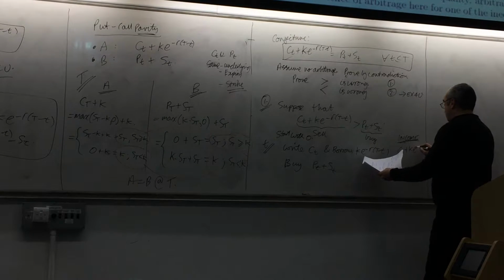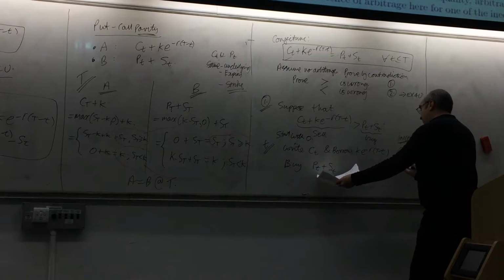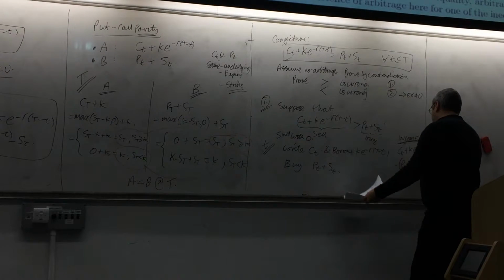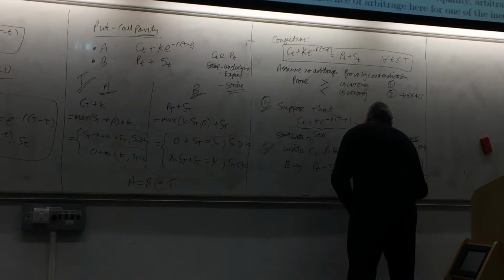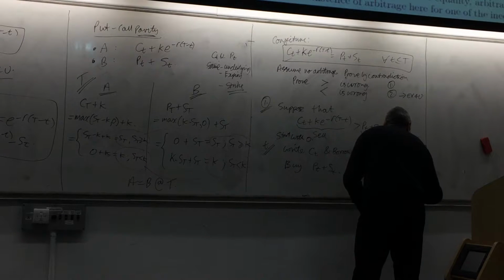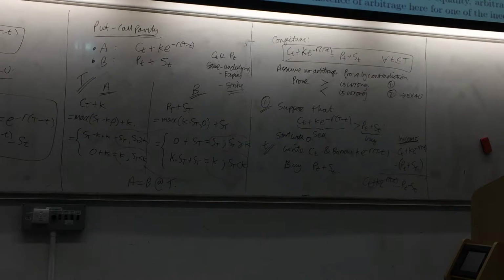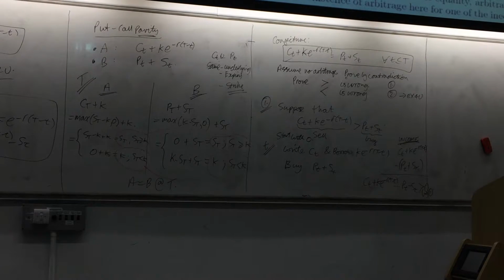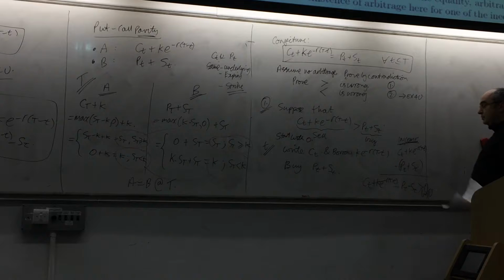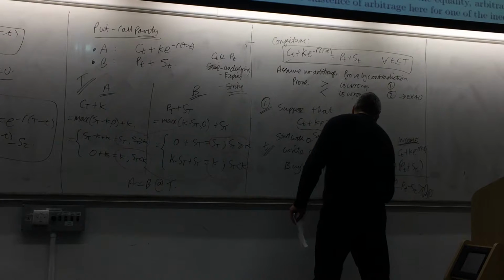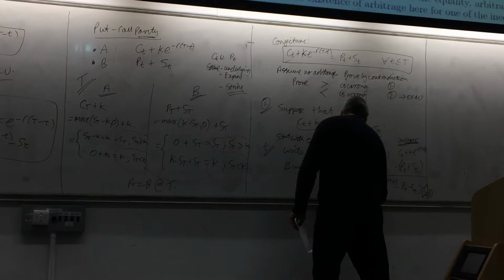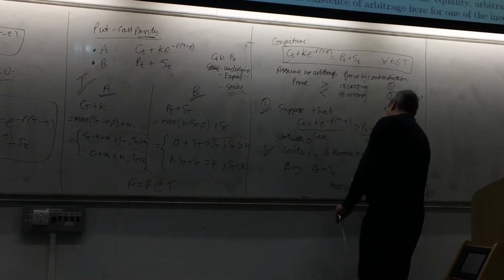I'm going to borrow this money, and I'm going to pay out Pt and St. So overall, what I get is Ct plus K e to the minus r(T minus t) minus Pt minus St. So I've started with 0, and that's my income at that point, and that must be greater than 0 by 1, okay? Because I've assumed that that's true. So this must be greater than 0, and this money I invest in the bank. So the proceeds I put in the bank.